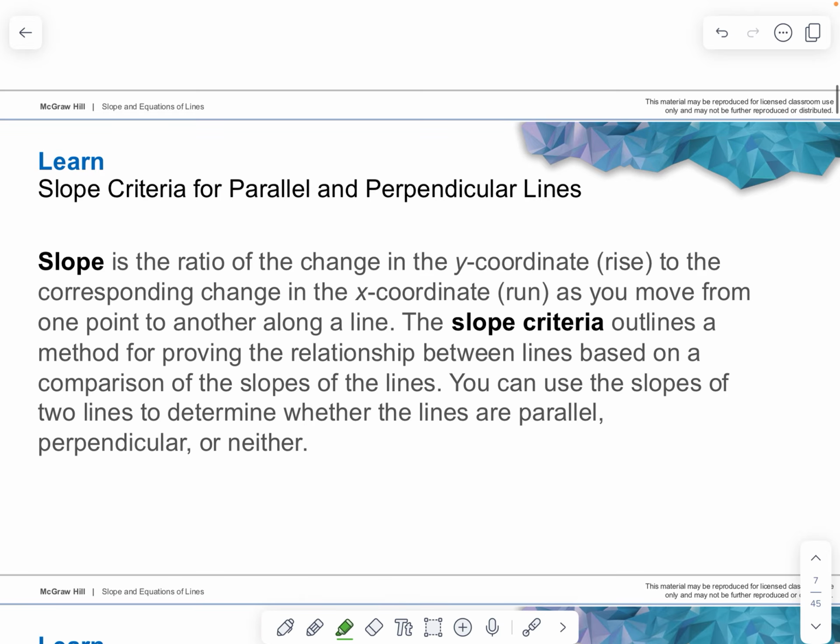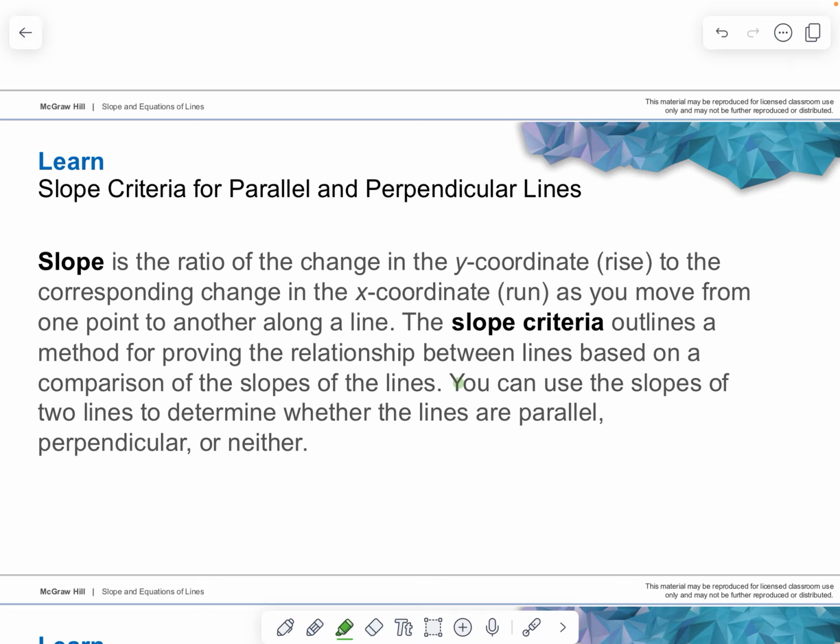Okay? So slope is the ratio of the change in the y-coordinate, or the rise, to the corresponding change in the x-coordinate, or run, as you move from one point to another along a line. The slope criteria outlines a method for proving the relationship between lines, and you can use the slopes of two lines to determine whether the lines are parallel, perpendicular, or neither.